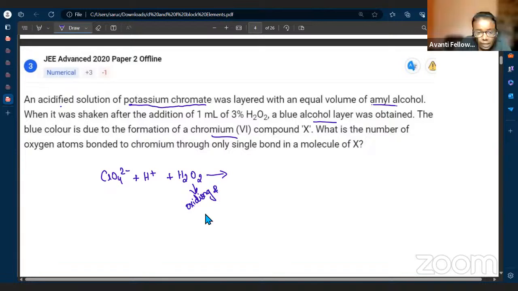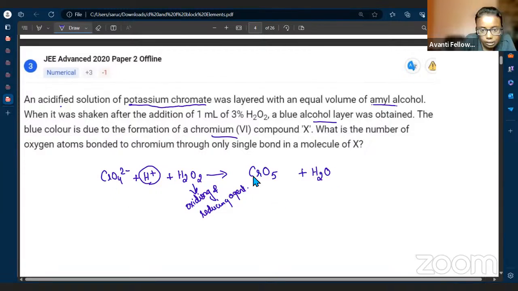Here you have H plus. So what will this H2O2 do? It will get converted to H2O. What is remaining is chromium, and we'll be getting the compound as CrO5.